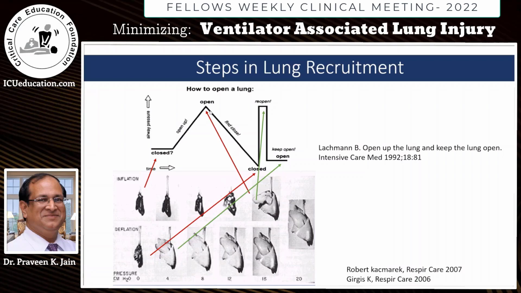Then we will reduce the peak inspiratory pressure till we find that the alveoli have now started to close. This we will call the closing pressure. Then we will reopen the lung and we will prevent it from closing during expiration by using adequate PEEP. Now, in the dissected animal lung model, here is an ARDS lung.